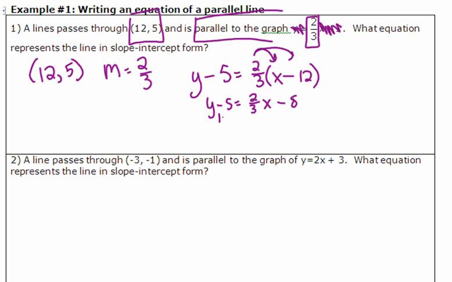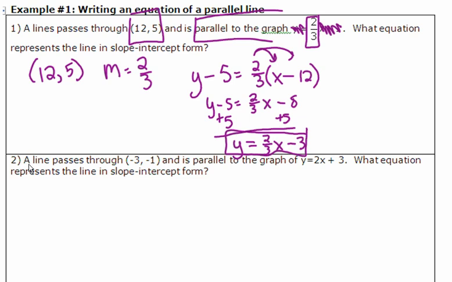Then I'm going to solve for y by adding 5. Negative 8 plus 5 is negative 3. So I have y equals 2/3 x minus 3. And that is my equation of my line.